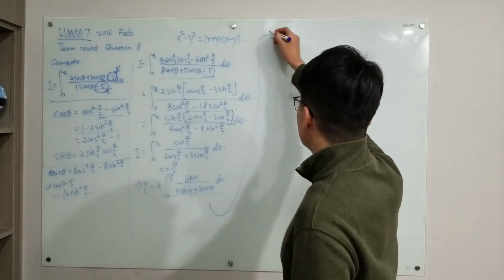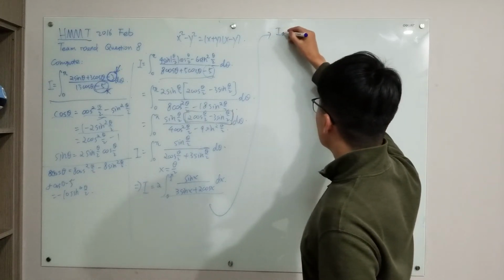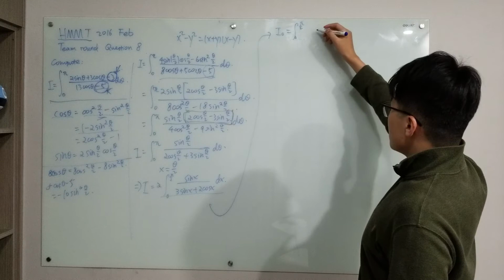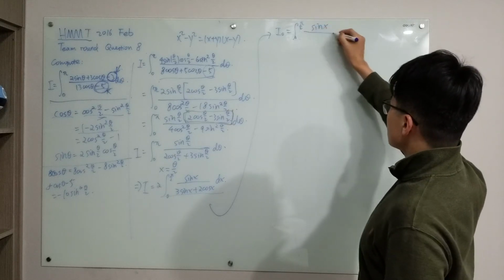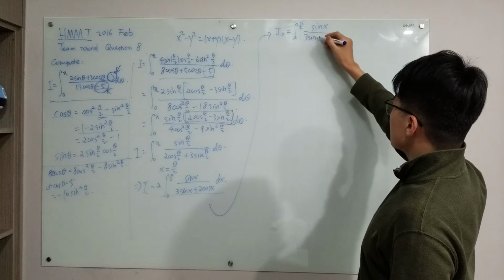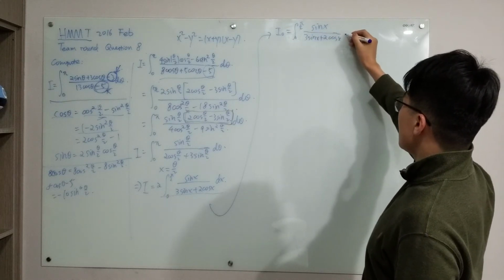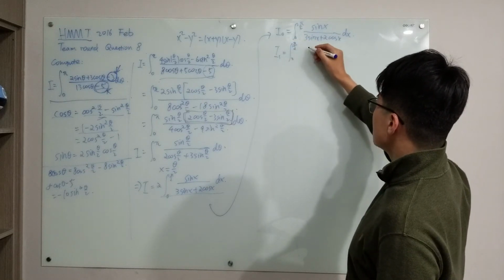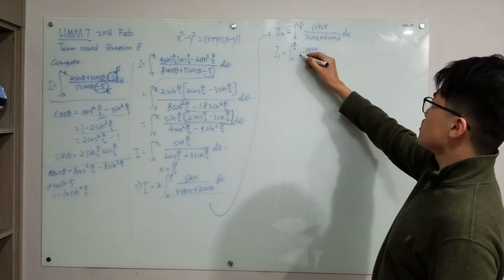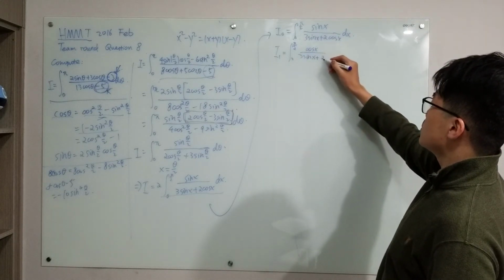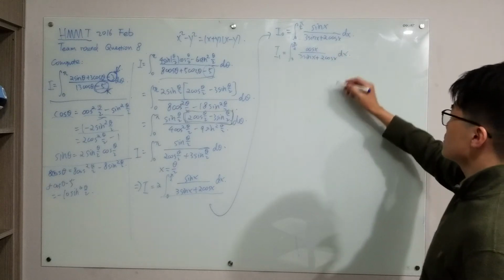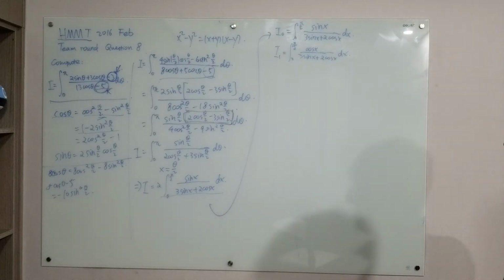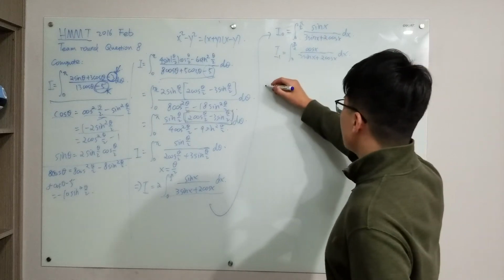We construct I0 equals the integral from 0 to pi over 2 of sine x over 3 sine x plus 2 cosine x dx, and I1 equals the integral from 0 to pi over 2 of cosine x over 3 sine x plus 2 cosine x dx.